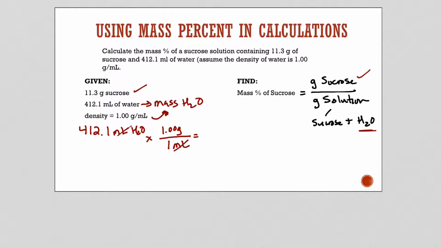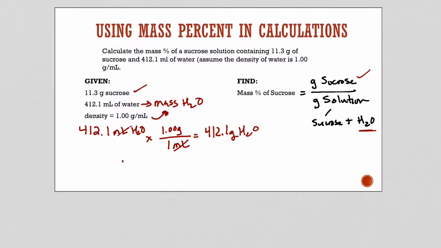So I'm going to do my math now, and we're going to get a mass of, in this case, 412.1 grams, because we get the same number since we have 1 gram per 1 milliliter. Now, once we know this, we have our grams of water. We can combine that with our grams of sucrose to get our grams of solution.